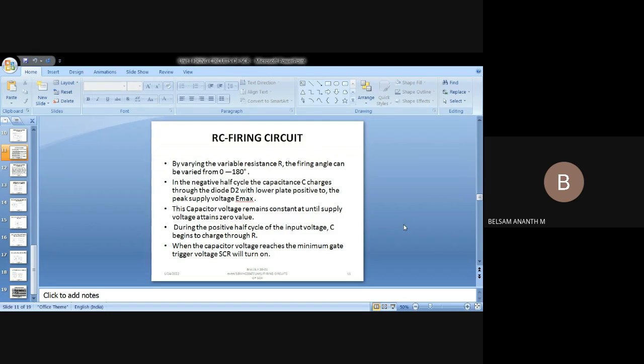You all know about the cycle: 0, 90, 180, 270, and 360. The earlier one varies from 0 to 90, and here the case is varying from 0 to 180. That means a complete set of half cycle, on the positive half cycle as well as the negative half cycle. That means the capacitor voltage reaches the minimum gate voltage, so that your silicon controlled rectifier will turn on.